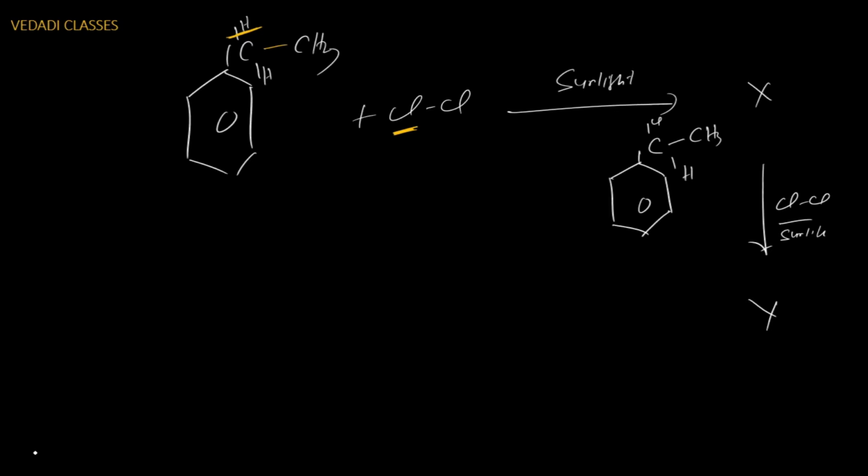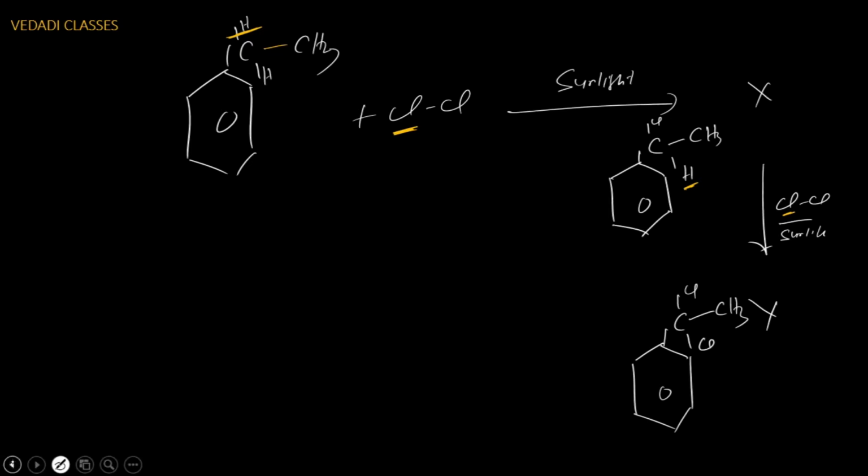Further it will undergo chlorination. Then this hydrogen and this chlorine will react, and it will form like this. So this is the answer to the question which I have given you.